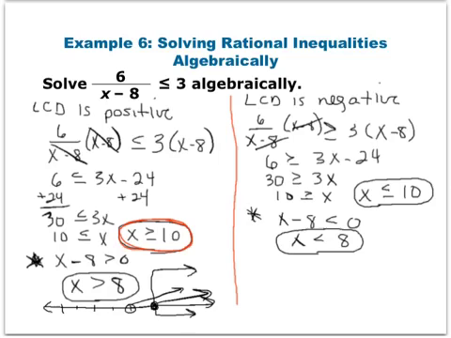And again, I need to make a number line because that's how my mind works. 0, 2, 4, 6, 8, 10. So less than or equal to 10 and less than 8. So it has to satisfy both of them, and they overlap at, excuse me, I'm sorry, they overlap at x is less than 8. So I have x is greater than or equal to 10.